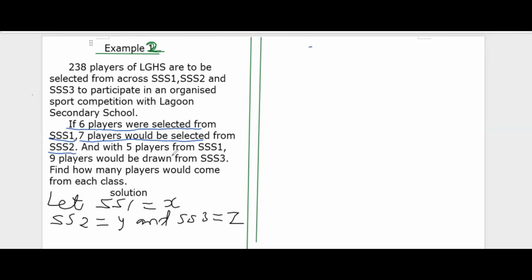You know, the other time we say A ratio B, B ratio C. If you want B to be in the center, in this case our X is that B. So instead of saying SS2 ratio SS1, just say SS2 is represented by Y, so Y ratio X equals 7 ratio 6.